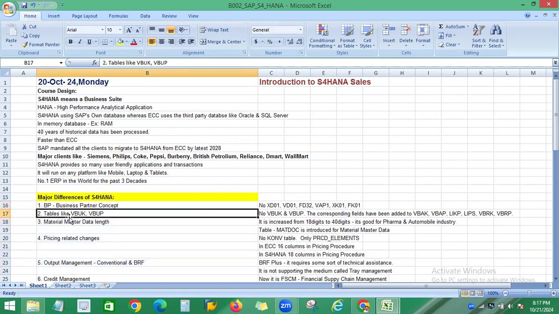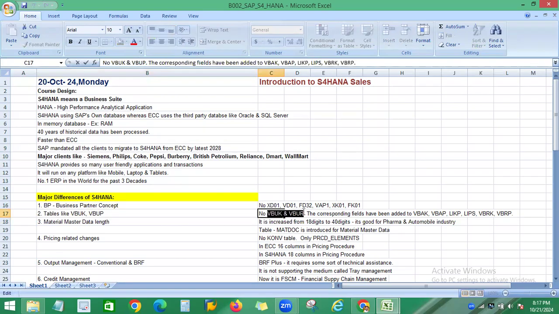Tables VBUK and VBUP are suppressed in S/4HANA, and the corresponding fields are added into the other tables like VBAK and VBAP, which are the sales document tables. LIKP and LIPS are the delivery tables, VBRK and VBRP are the billing document tables. Also, the material master length in SAP ECC is 18 characters, however it goes to 40 characters.